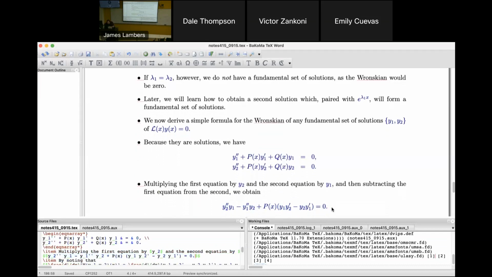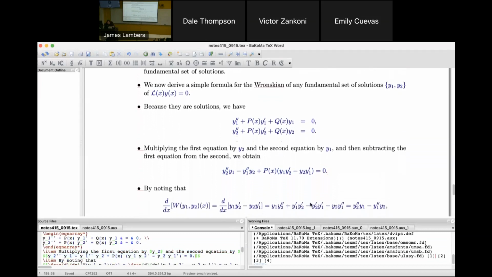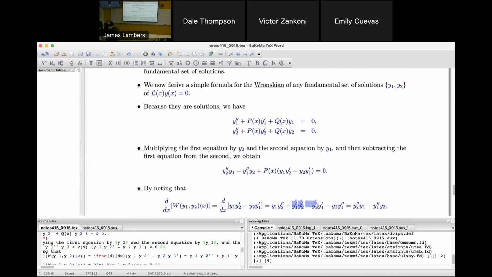Now, at first you might be thinking, well, so what? But if I take the derivative of the Wronskian, because the Wronskian of y1 and y2 is a function of x. So I fill in what the Wronskian is, y1 y2 prime minus y2 y1 prime. If I work out what this is, using a product rule, you see that these terms in the middle cancel.